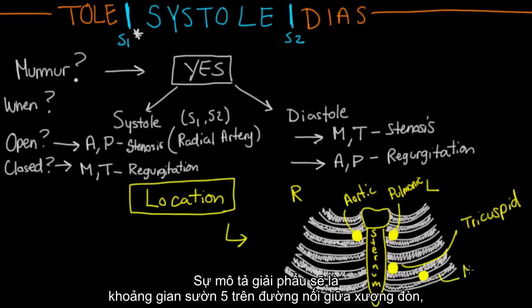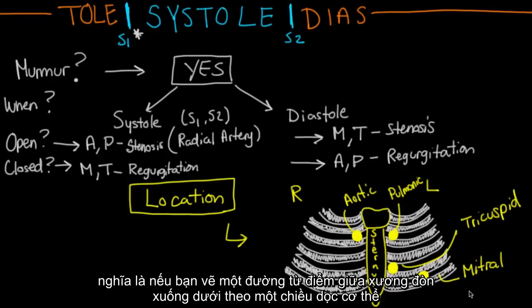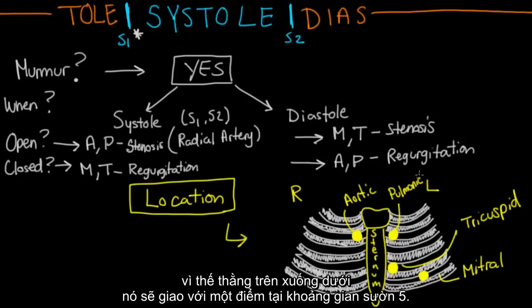The anatomic description of that would be the fifth intercostal space in the mid-clavicular line, meaning if you drew a line from the midpoint of your clavicle or your collarbone down your body in a longitudinal fashion, so straight up and down, it would intersect with this point at the fifth intercostal space.